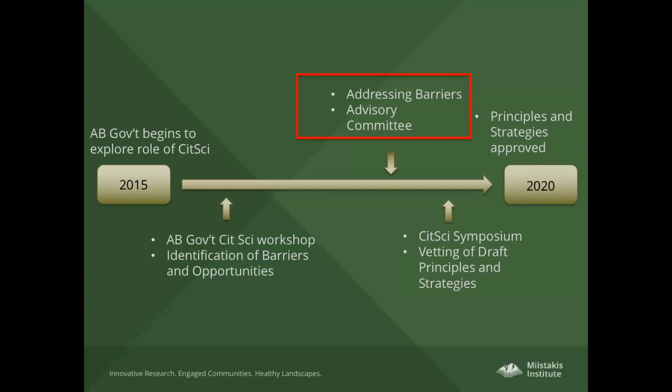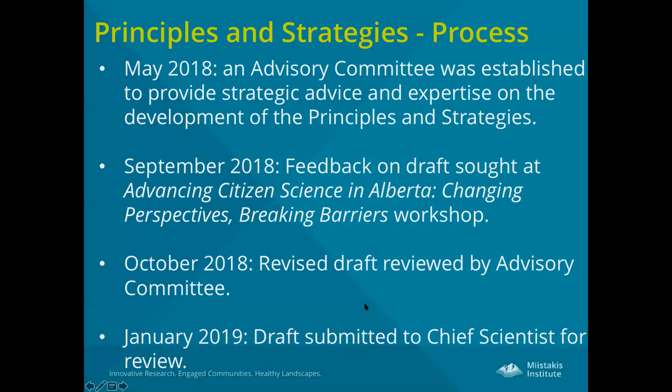So in 2018, an advisory committee was established to provide strategic advice and expertise on the development of principles and strategies for citizen science in Alberta. Miistakis, together with Alberta Environment and Parks, struck an advisory committee that included different departments within the government and different stakeholders.